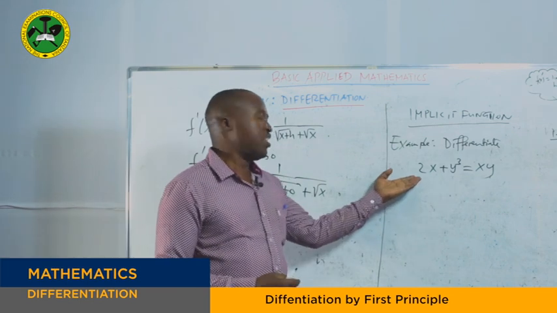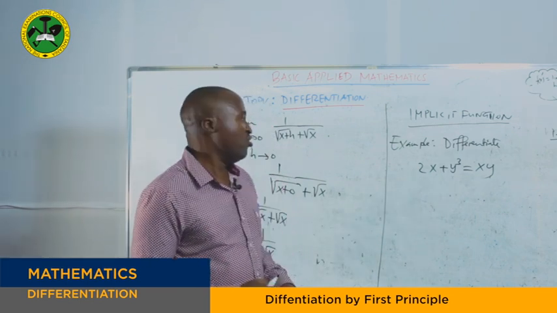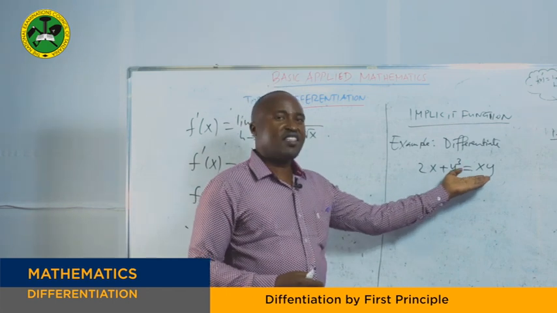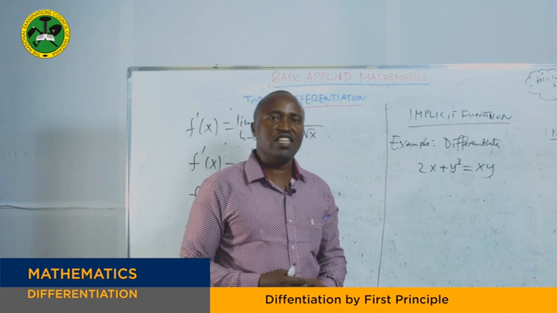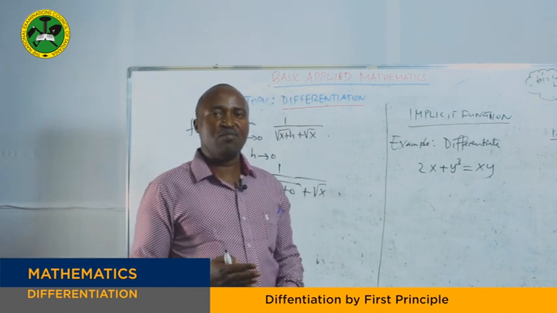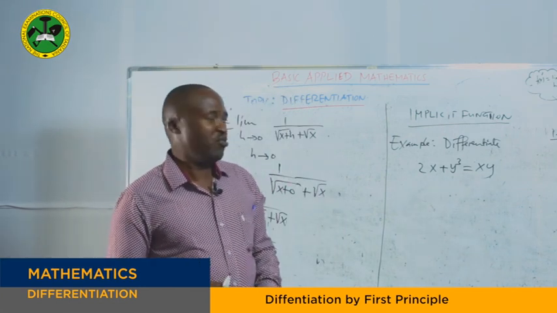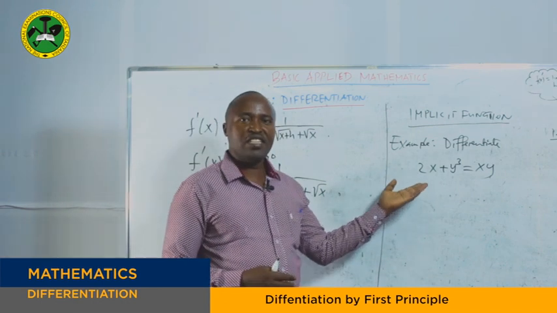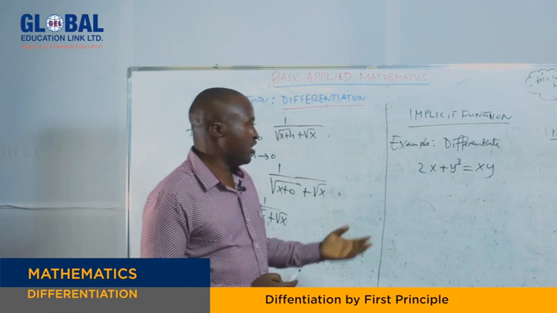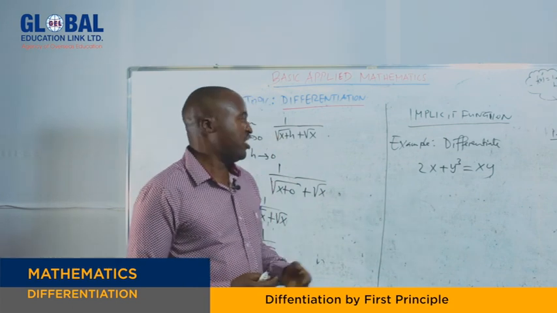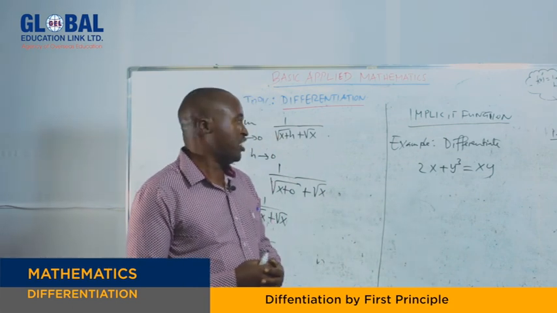This is one among the examples of implicit function. You can see x and y are mixed together. For explicit function, we write the dependent variable against the independent variable. But here, the dependent variable and the independent variable are together. Now, let us see how we are going to differentiate such a function.